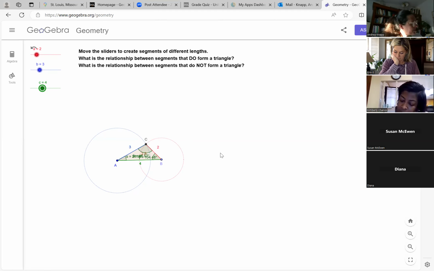Okay, let's go to 13C. Can we make a triangle with side lengths of 4, 3, and 5? And if so, what kind of triangle is it? So we already have the 4 and the 3. Let's make the red one 5.